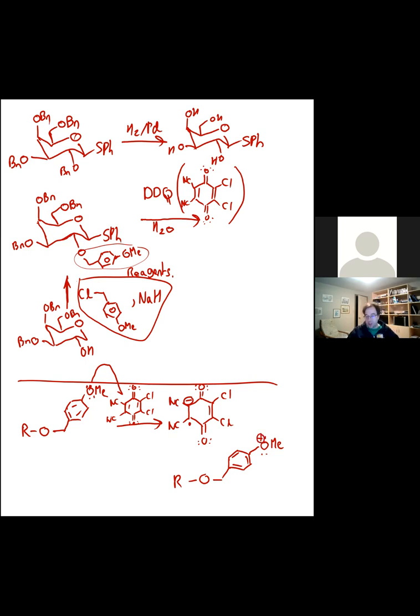So we get a system that looks like this. This is obviously not very stable. You've got an oxygen missing an electron, and we have something happening to the DDQ where it's negatively charged and it's got a radical and we broke a bond. Now, you can start seeing what's probably going to be happening next.